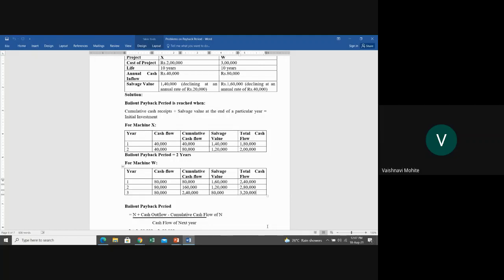Because in the third year, cash flow is more than 3 lakhs. Correct. So when you see this cumulative cash flow, that is the total cash flows, you know that your initial investment of 3 lakh is somewhere between 2 years and 3 years. So you simply will not solve the problem up to 10 years. Very good. That student has rightly given the answer.